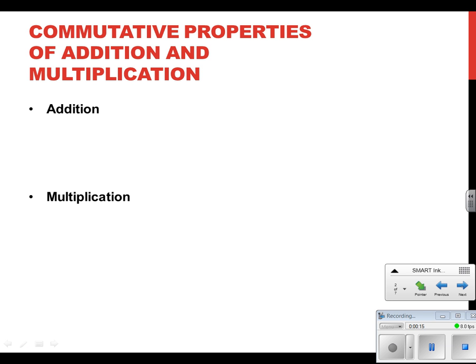The first property that we're going to look at is the commutative property, and it works for addition and multiplication. For addition, I'm going to first use arithmetic, so I'm using numbers, to show this property. 7 plus 12 is the same as 12 plus 7. What this is saying is the order does not matter.